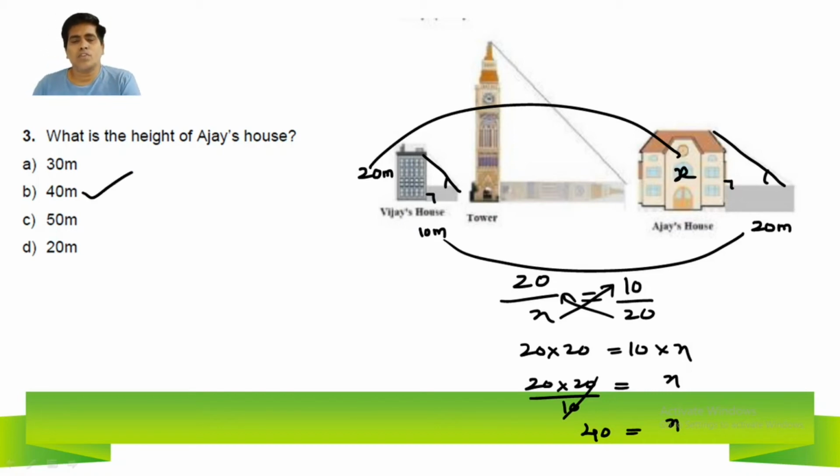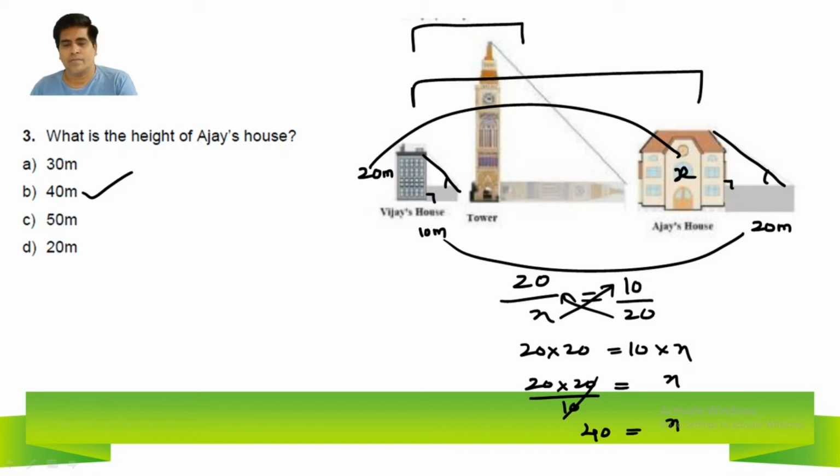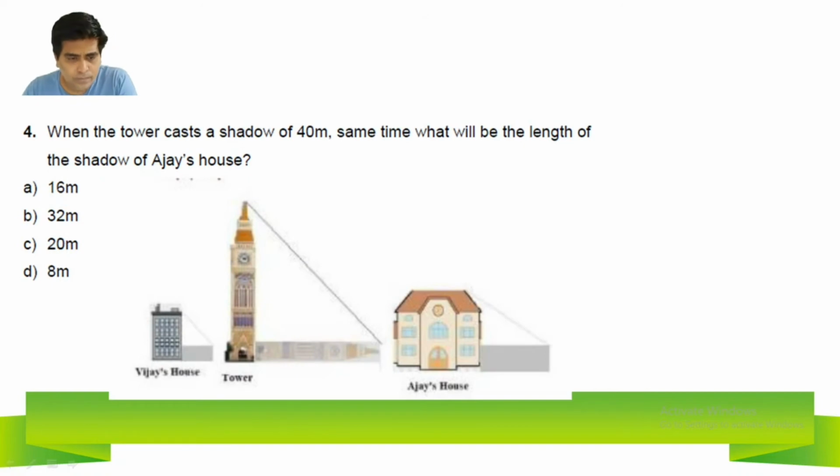So in the first question, we compared these two triangles. In the third question, we are comparing these triangles. Next, we will move to question number 4. When the tower casts a shadow of 40 meters, at the same time, what is the length of the shadow of Ajay's house?